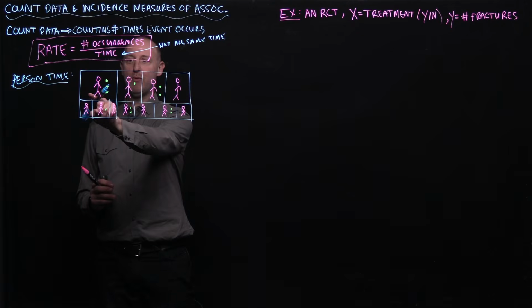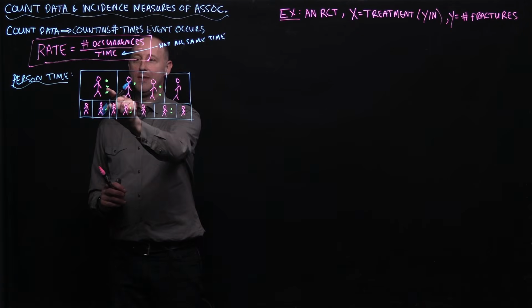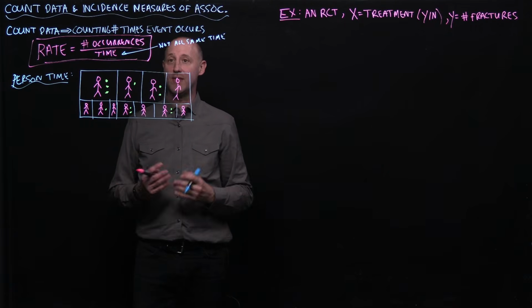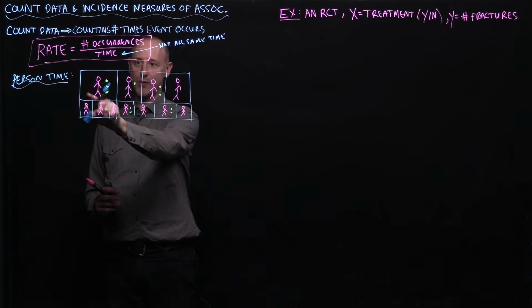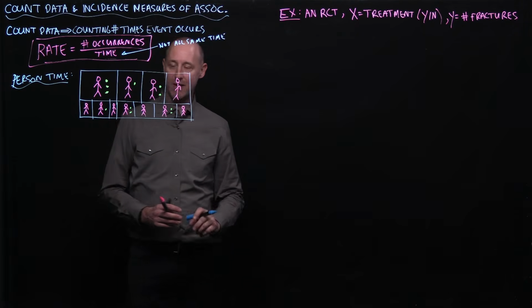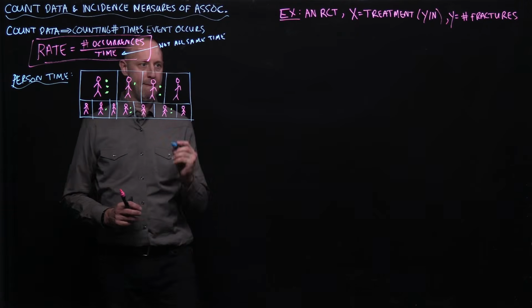So we can see some people have been followed for a lot more time than others. Okay. Then the green dots indicate the number of times the event has occurred. So we can see for this individual, they were followed for a large amount of time and they had 3 events occur. This person, a bit less time and only 1 event occur.